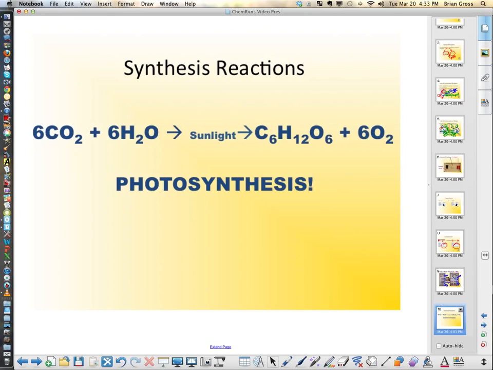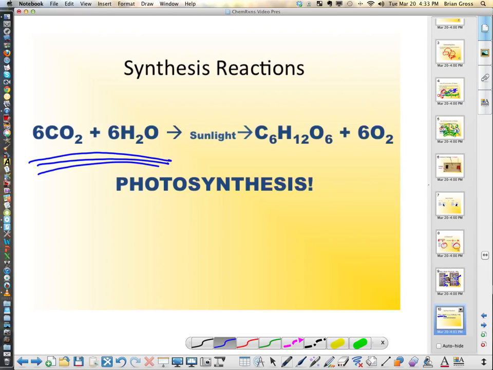There are still difficulties. So let's talk real quickly about synthesis reactions. Synthesis reactions are when things come together. You can notice here that these smaller atoms, I'm sorry, I just misused a word. These smaller compounds or molecules are being converted to a larger molecule.